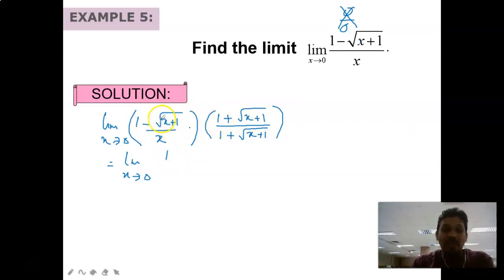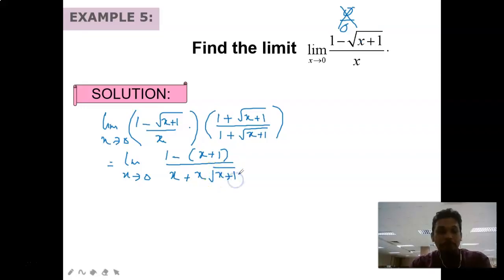Negative times positive is negative, so the square root of x plus 1 multiplied with the square root of x plus 1 gives x plus 1. Now x multiplied with 1 equals x, and x multiplied with the square root of x plus 1 gives x times the square root of x plus 1.